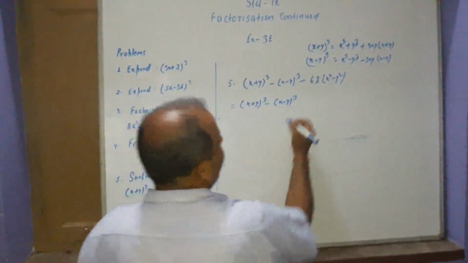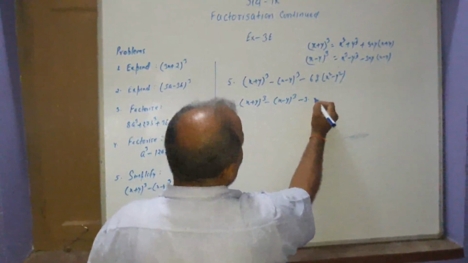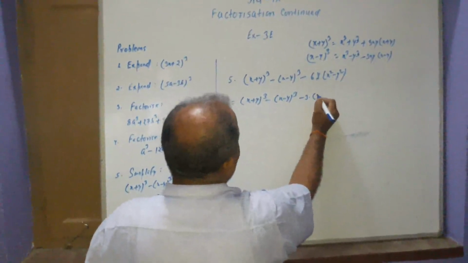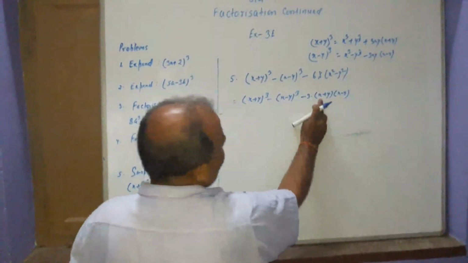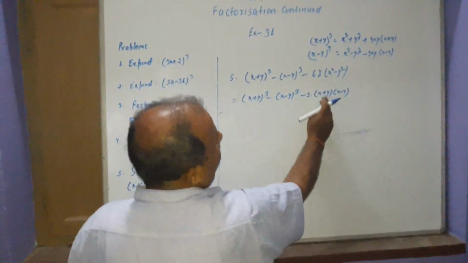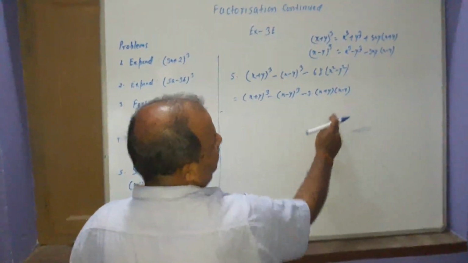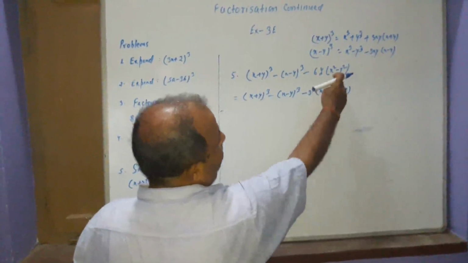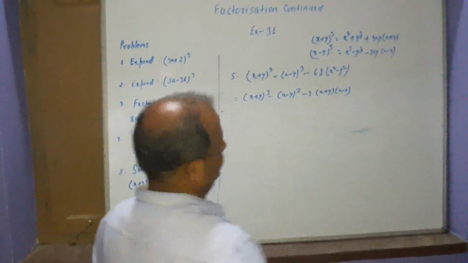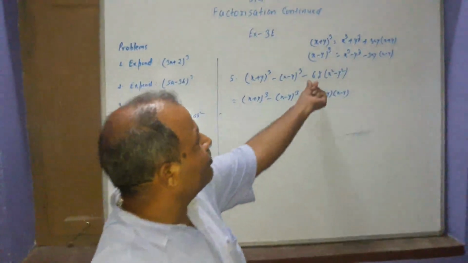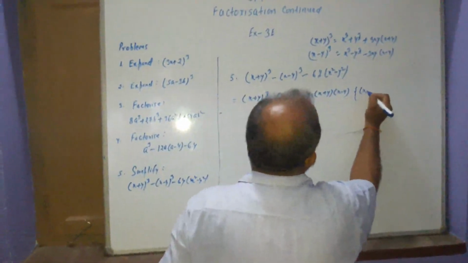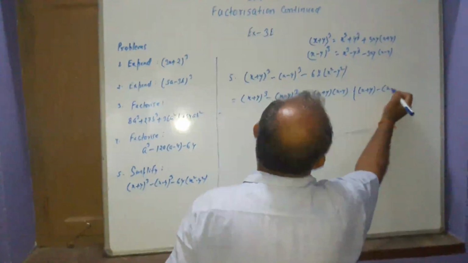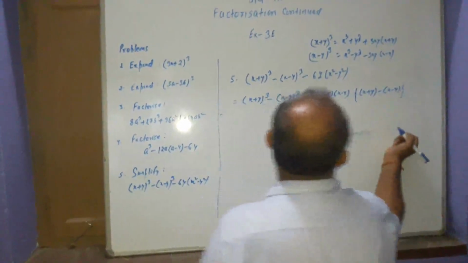We may write 3 into x plus y into x minus y. x into x, x square. This is of the form a plus b into a minus b. This will give a square minus b square, that is x square minus y square. Now we are left with 2y. Here we write x plus y minus x minus y.